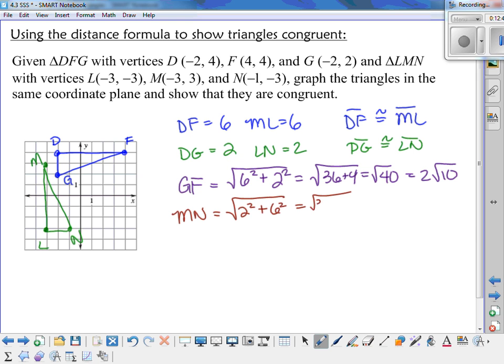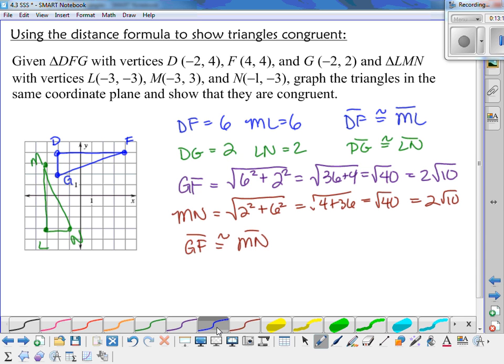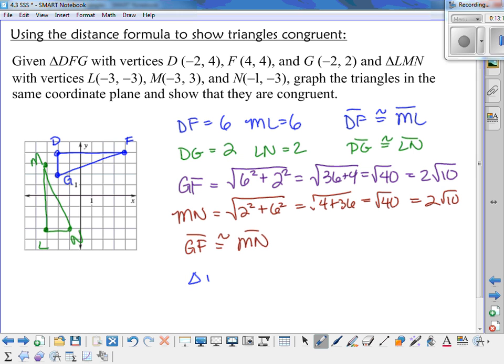So I end up with 36 plus 4 again, just in the other order, which is the square root of 40, and that's also 2√10. So that means that GF is also congruent to MN. And so after I've seen that all three sides are congruent, I can say triangle DFG is congruent to triangle LMN by side, side, side.